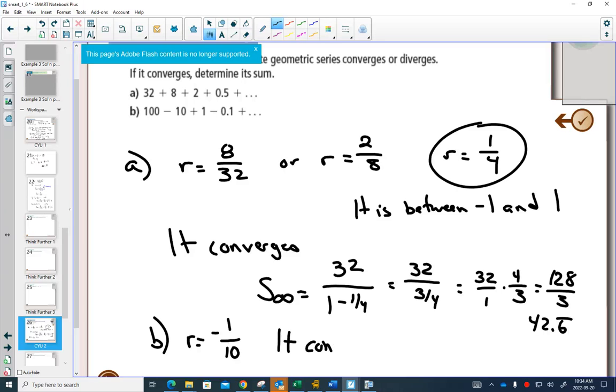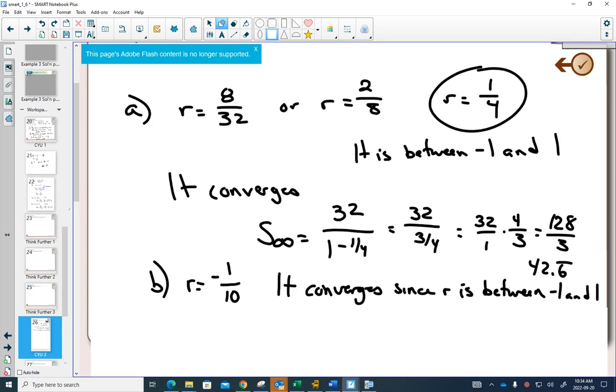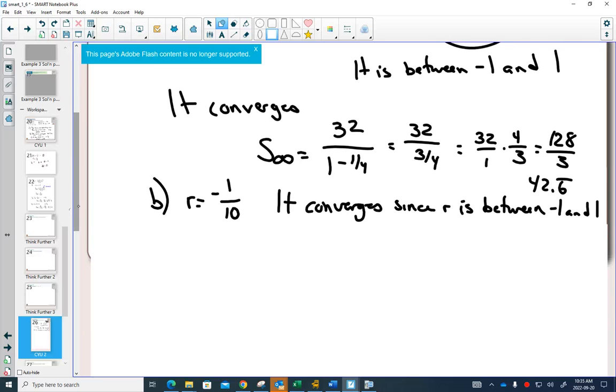So again, we can write it converges since R is between -1 and 1. And since it is between -1 and 1, we're allowed to use the formula.